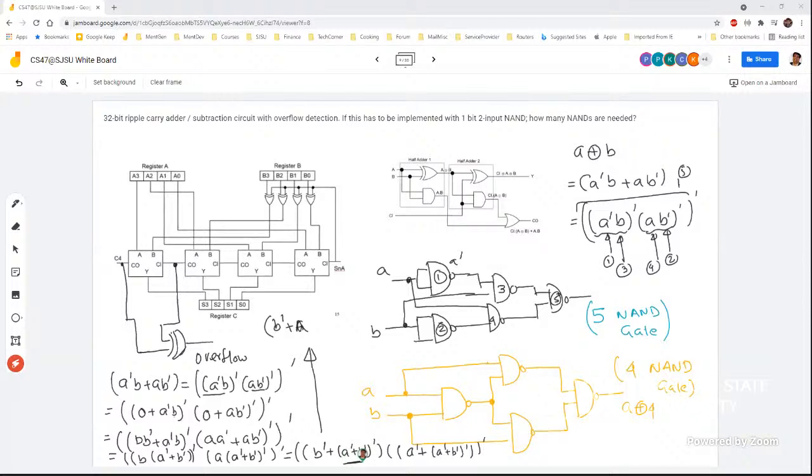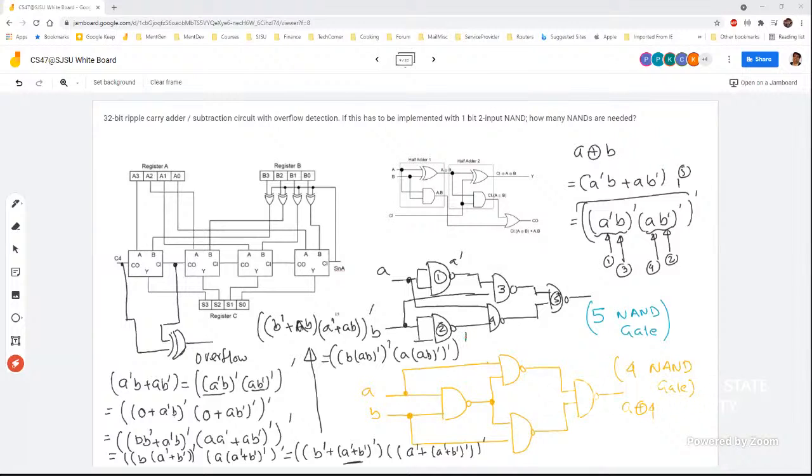This is AB and A bar or AB whole bar. Then further apply De Morgan on top of this. This is like B, (AB) whole bar, A, (AB) whole bar, whole bar.